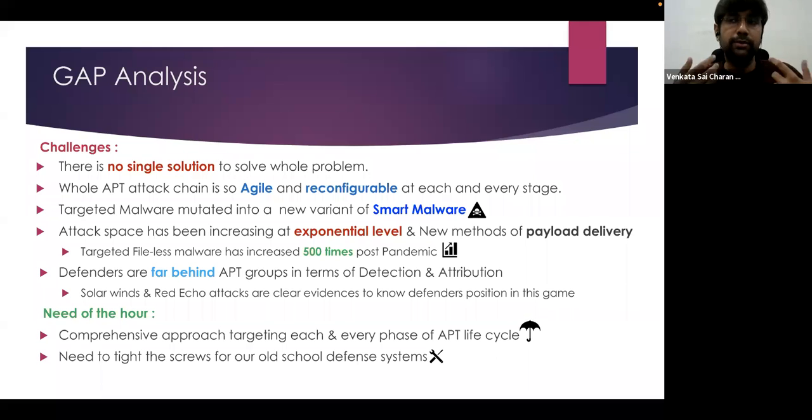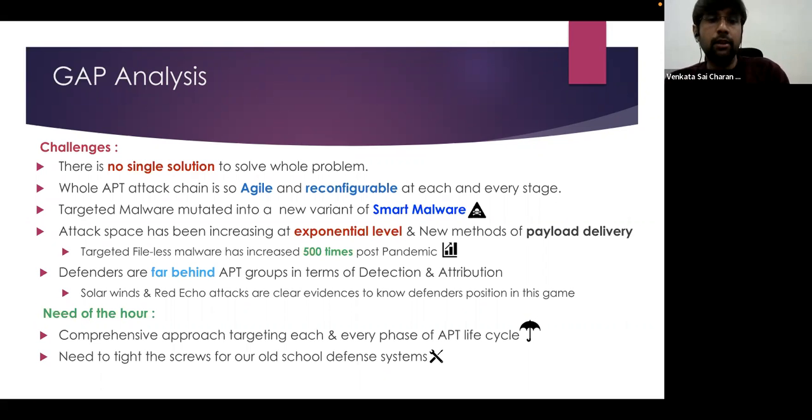Corporate networks and academia have to tighten the screws on their old-school defense techniques. With these novel targeted APT attacks, it is very easy to bypass traditional old-school defense systems like intrusion detection systems or firewalls. So we need to be very cautious about this kind of attack.